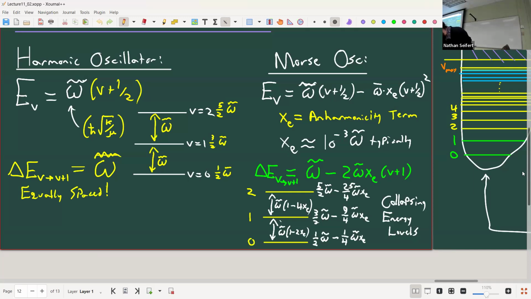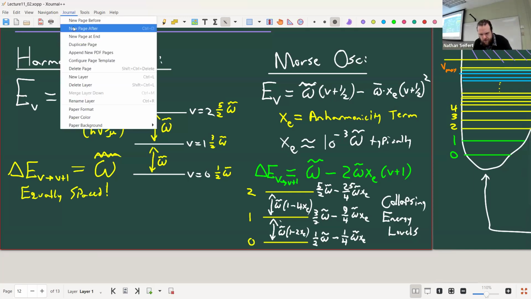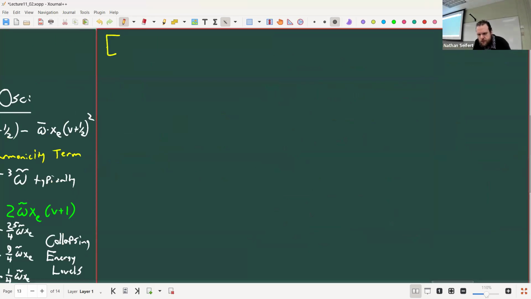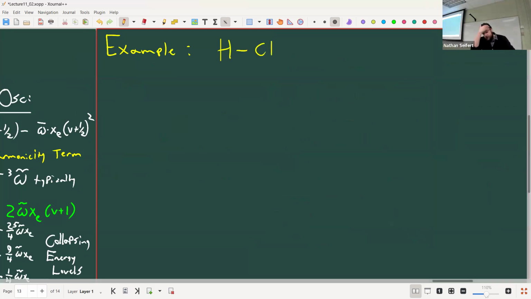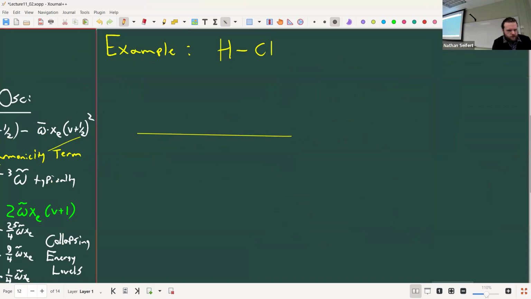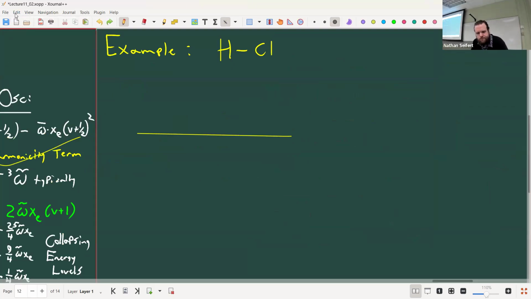I'll just look at some really, really simple data. All right, we'll just look at HCl. You guys are looking at this molecule on the problem set.